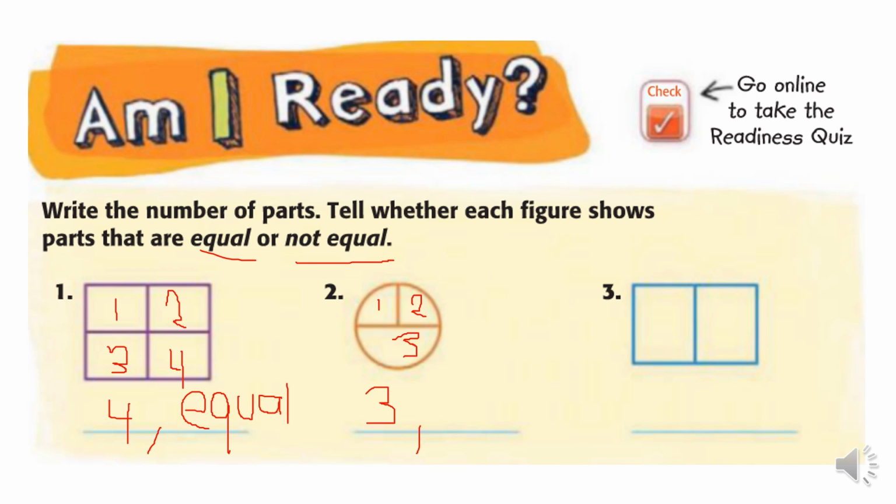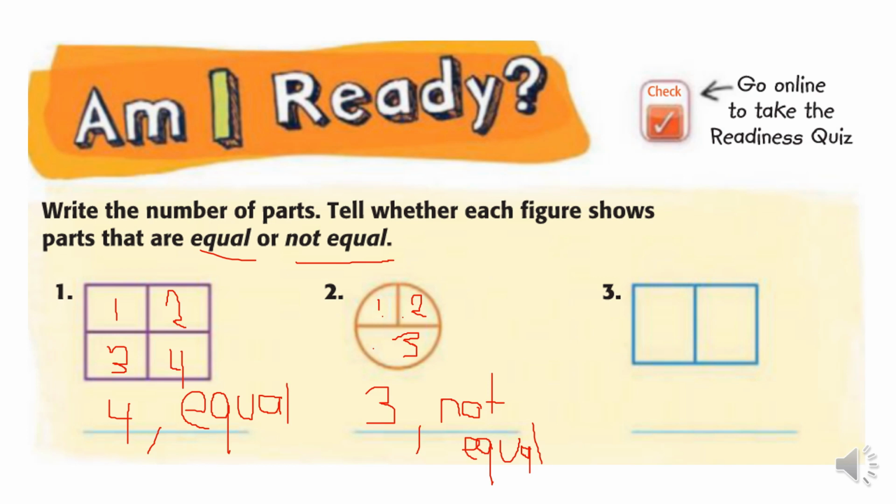It's not equal because these two parts have the same space, but this one doesn't. So you're going to write not equal.